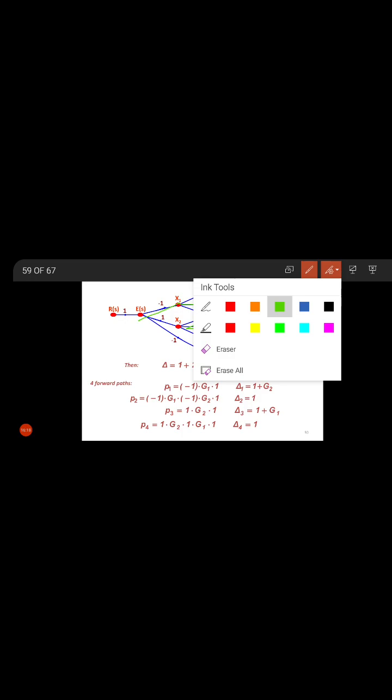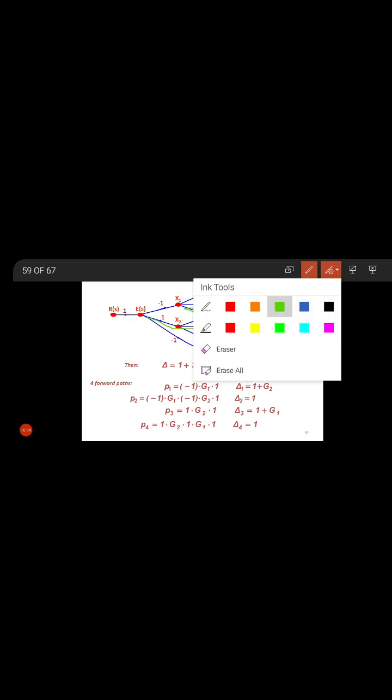Now if we consider the second forward path, -1 G1 -1 G2 1, this forward path touches all the loops. That's why del 2 equal to 1. Now if we consider the third forward path, this forward path does not touch this loop. Okay. So here del 3 equal to 1 plus gain of this loop. So 1 plus G1.